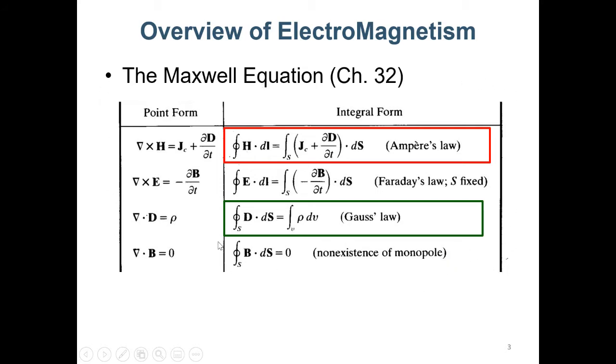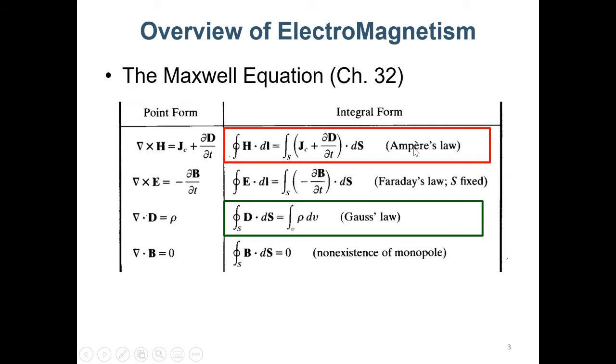In the textbook we'll learn the integral form, and in Chapters 32 and 33, I'll talk about the differential form, also known as the point form. How do we derive the point form from the integral form? And after we get the differential form, we can derive the wave equation, and so on.